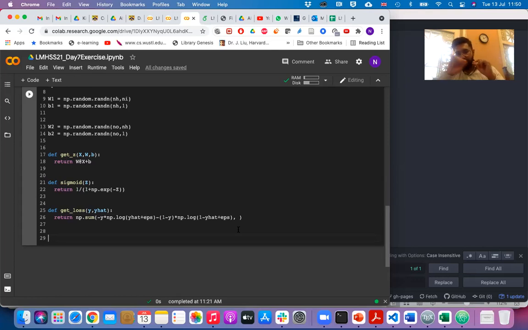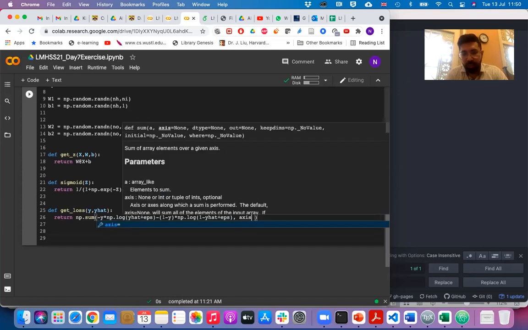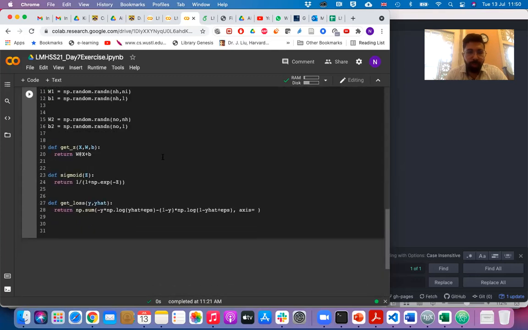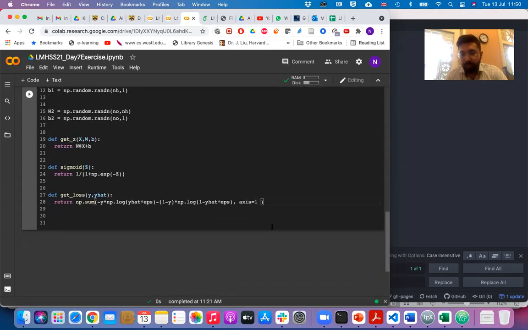So which axis should I add along? Guys, you can make any guess. It doesn't have to be a perfect answer. If you have a feeling, answer it, and then we can correct it together if there is any mistake. So for the loss function, my axis is equal to 1. Thank you. We are adding along columns because the data elements are in columns.